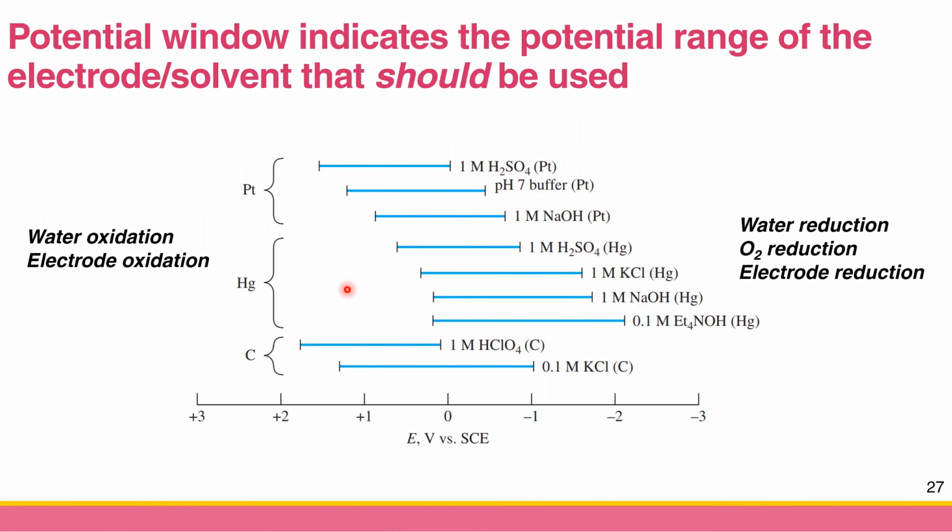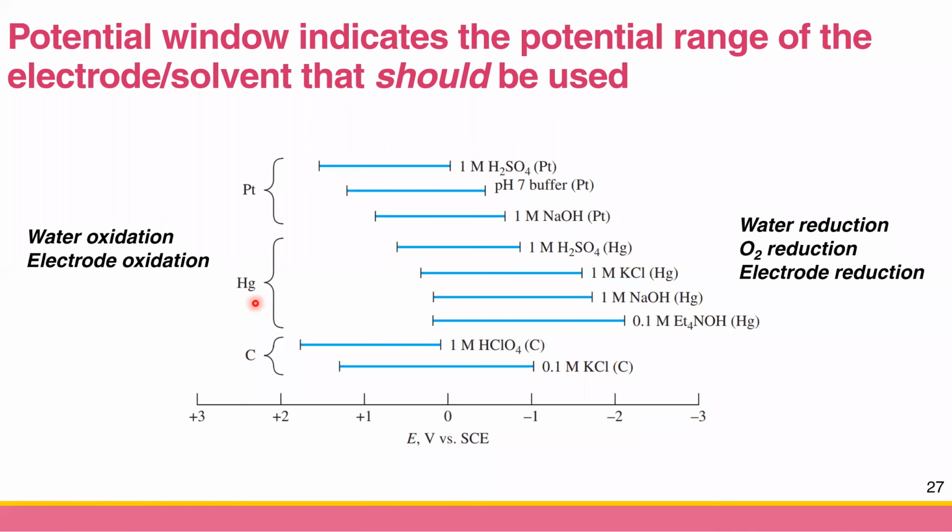To reduce metal ions, people in the past used mercury electrode. I didn't have the picture here. So the mercury electrode works well in the negative potential region with several supporting electrolytes, because mercury can form some amalgam with metal ion, and then you can get some decreasing in the activation overpotential.